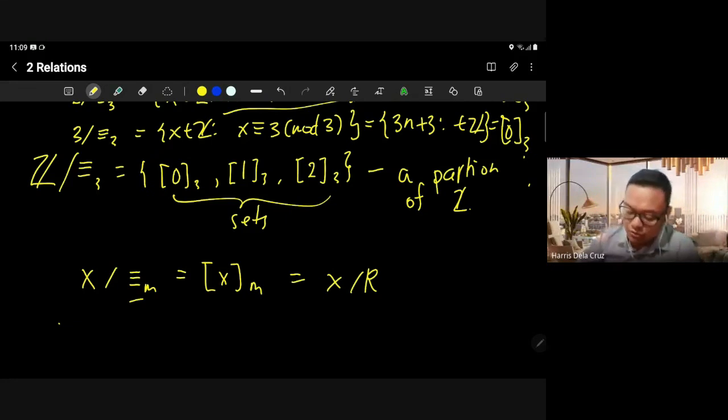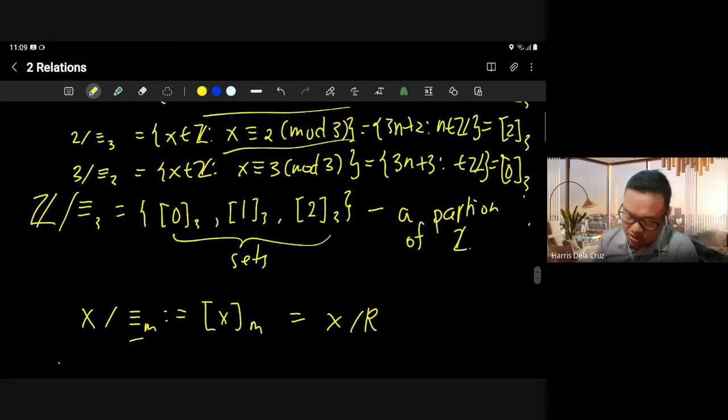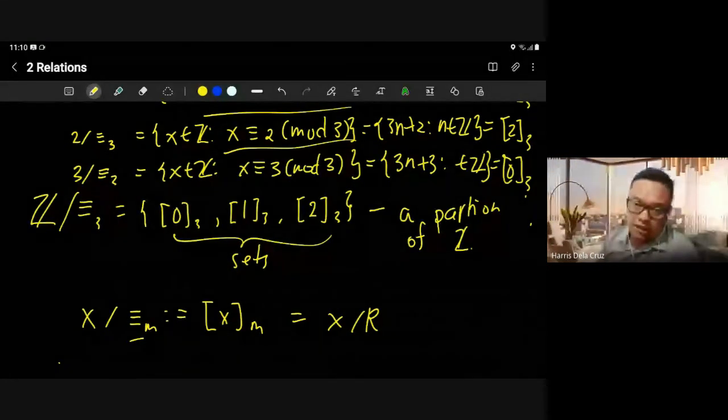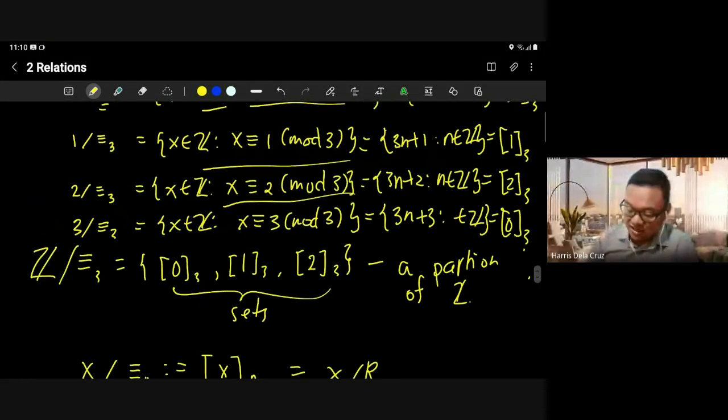Kaya lang, we want to, as much as possible, simplify our notation para mabilis nating na-identify yung set. Okay? So, we will simplify the notation x over equivalence only for this, x over modular relation to be the x bracket M. Kasi nakita natin na equal lang yung dalawang set na yan. Okay? So, this is a very convenient notation.